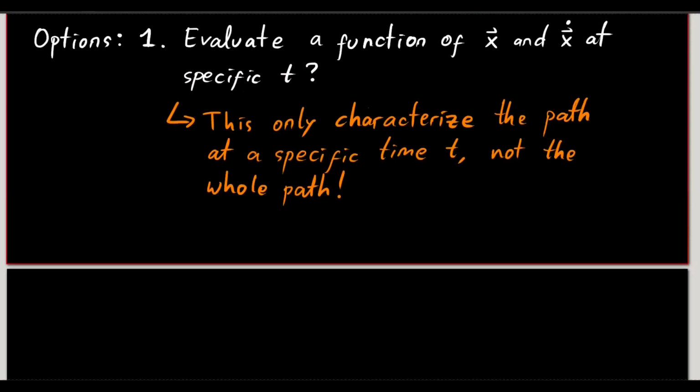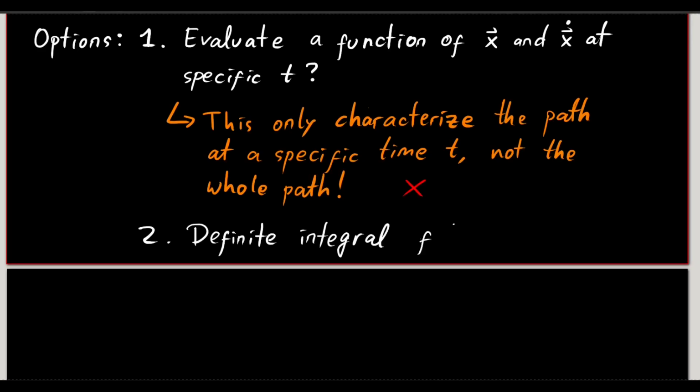Two different paths could give the same number as long as they cross each other, and we evaluate S at the time when they cross. So this won't do, it won't differentiate the two different paths. In fact, if we need to evaluate at just one specific time t, it won't do for our purpose.